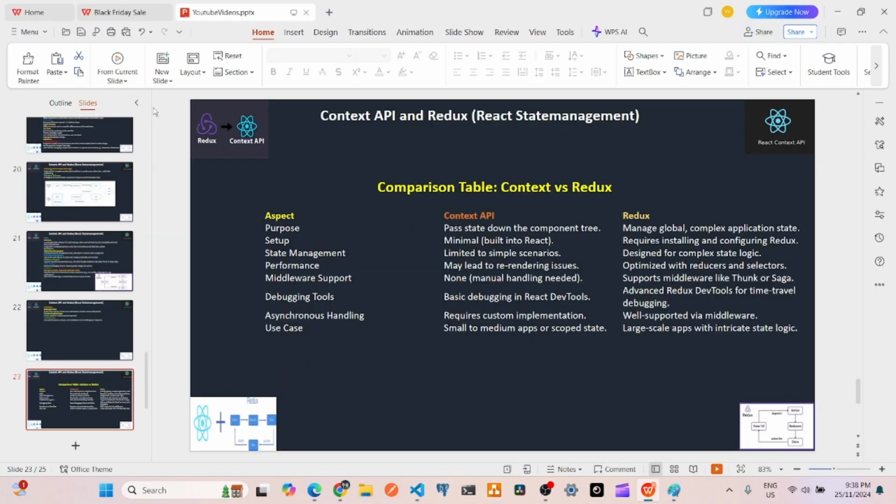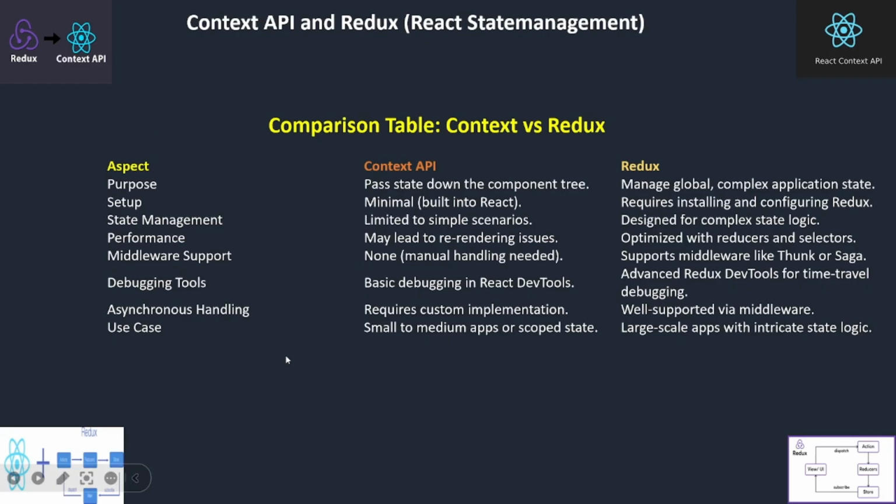So let's compare both of them, and we'll understand more in terms of Context and Redux, guys. The aspect is the purpose: Context passes the state down the component tree, while Redux manages global, complex application state, guys. It is complex application state. Context API is not complex.